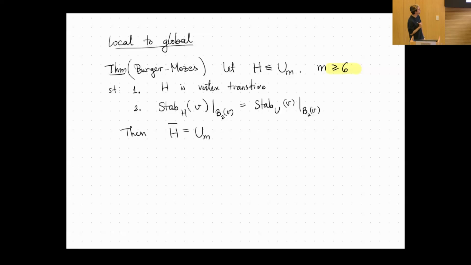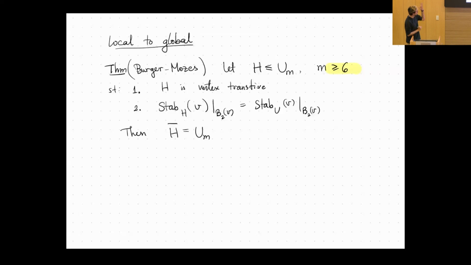Okay, so all possible automorphisms that U induces, so the stabilizer of V in U induces on the ball of radius 2, also exist in H.